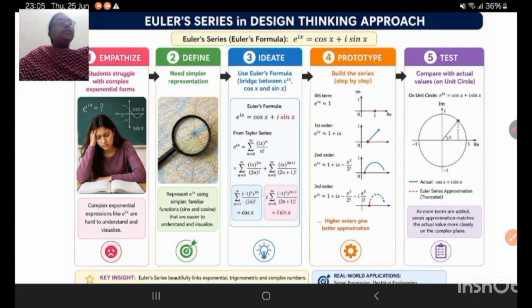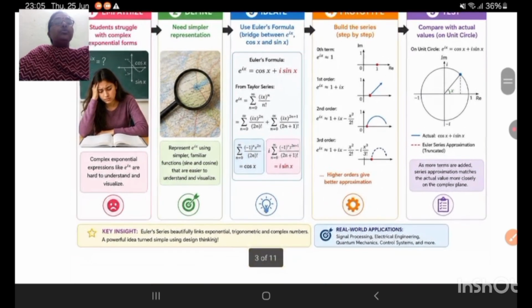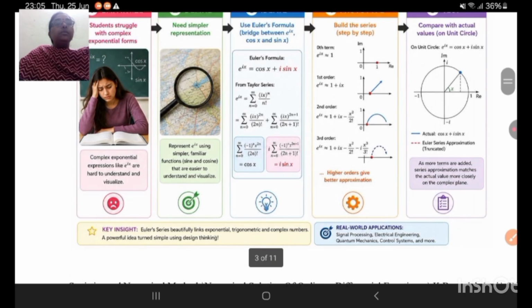For example, we can choose the unit circle. Here the actual cos x plus i sin x and the Euler series approximations are both shown using the straight line and the dotted lines. It is a basic example of a real world application of this method.